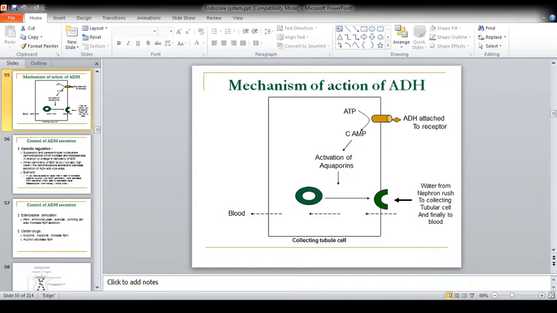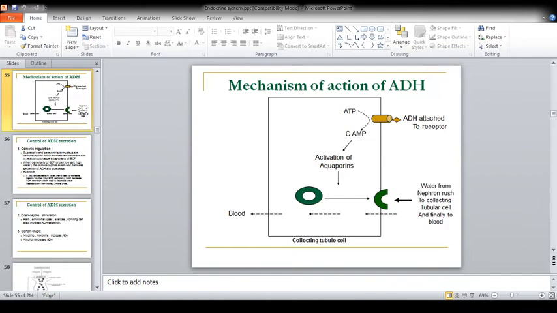One is SIADH, that is syndrome of inappropriate ADH secretion, and the other one is diabetes insipidus. So in one condition ADH is produced in huge quantities, in the other condition ADH is produced in very low quantities, so abnormal production.